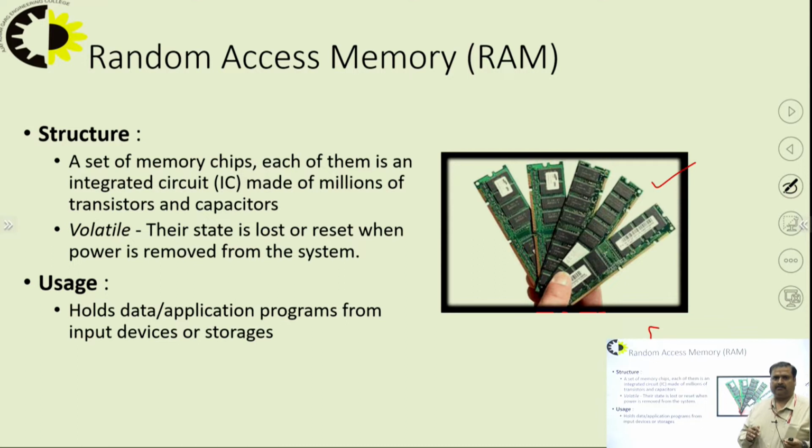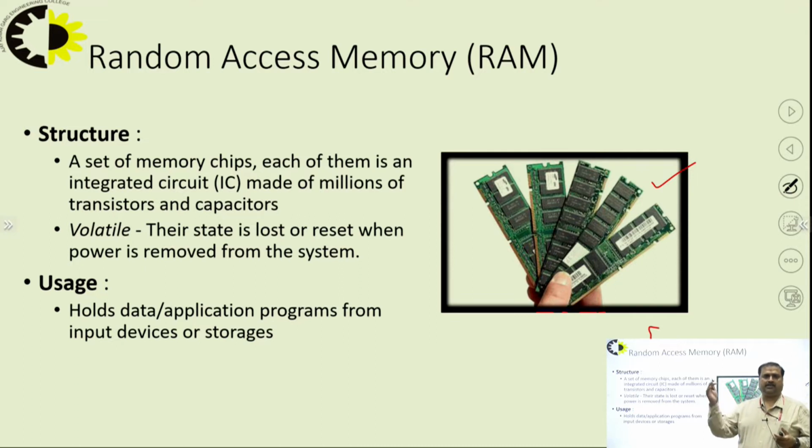Like 1 bit, then 8 bits become a byte, and then 1024 bytes become 1 kilobyte, 1024 kilobytes become 1 MB. So megabyte, then gigabyte, then terabyte, petabyte, exabyte.